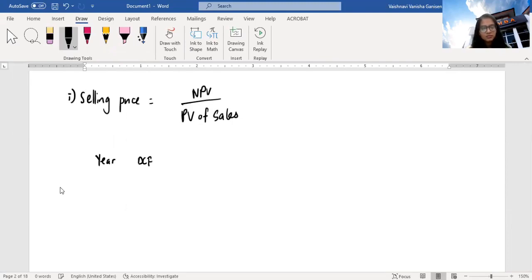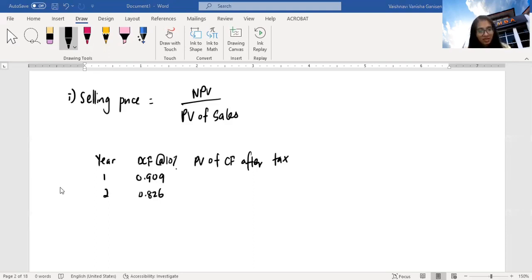year, discount factor, PV of cash flow after tax. So year one, year two, discount factor is 10%. Okay, my present value of cash flow. So guys, my sales revenue is 21,500.